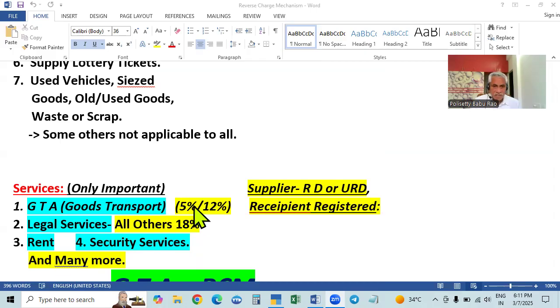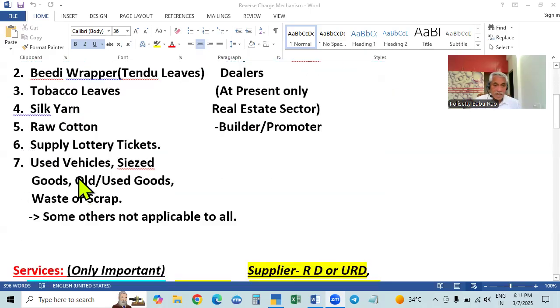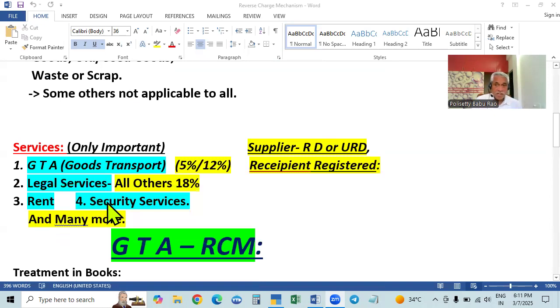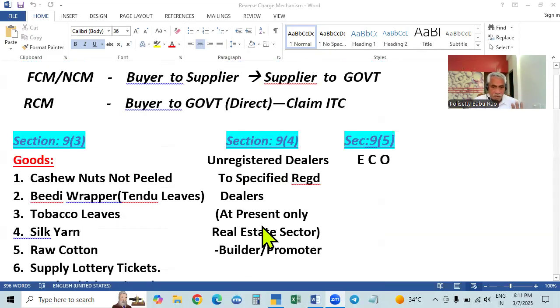Under section 9(3), the seller may be registered or unregistered and this reverse charge mechanism is applicable, and the recipient will be a registered dealer. Then 9(4) applies only to real estate builders or promoters, and 9(5) applies only to e-commerce operators.